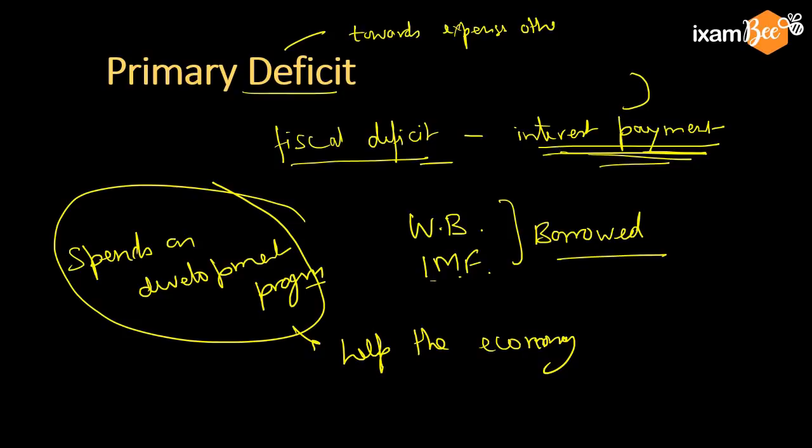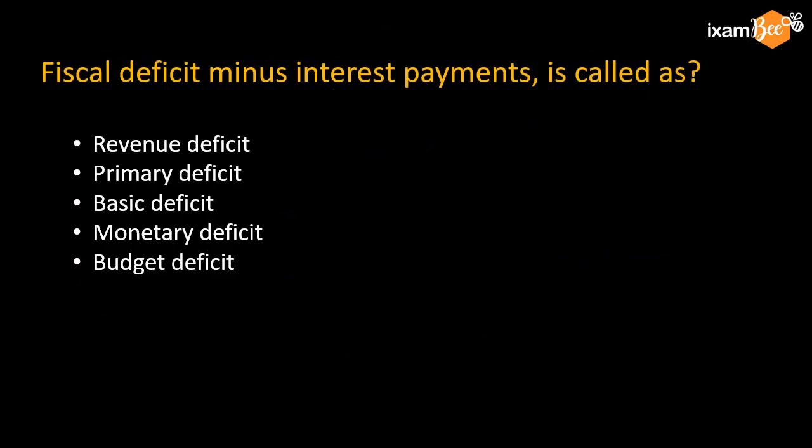So I think you understood this well, because this is important: if a lot of money is going for interest payment, the present economy is not going to get any benefit out of that, because that money has already been spent in the past. Now the government is just paying the interest for that. So now this question is clear to you. Fiscal deficit minus interest payment is called primary deficit. Correct? Now coming to fiscal policy.